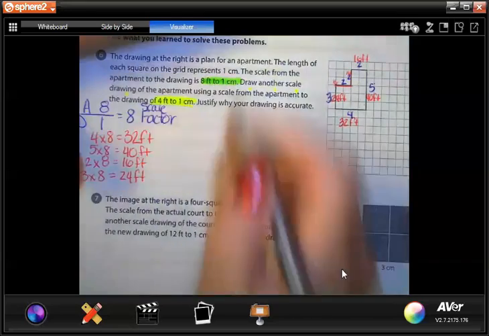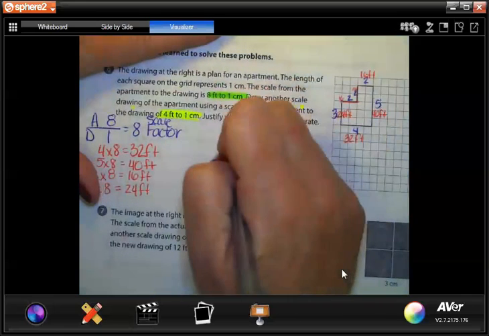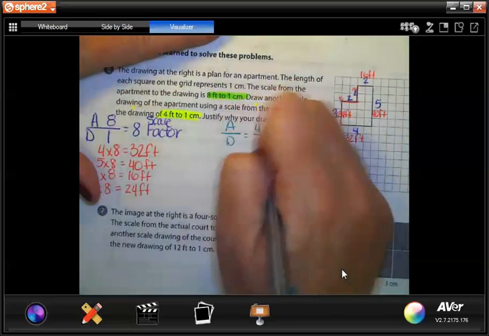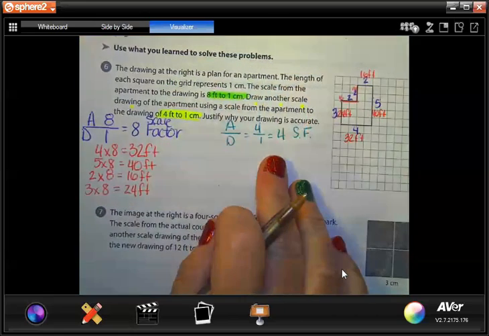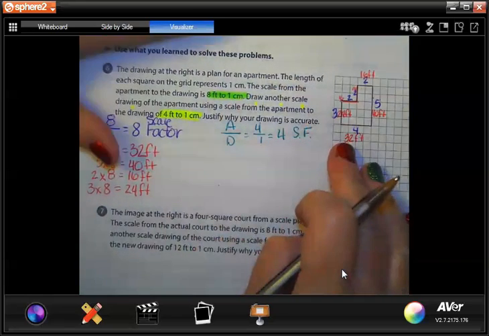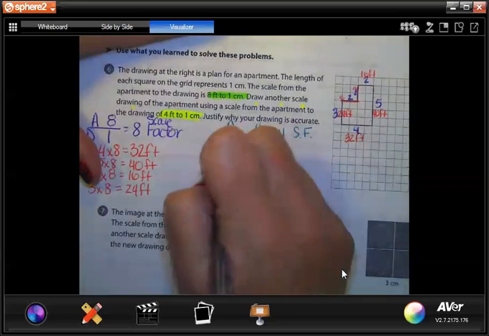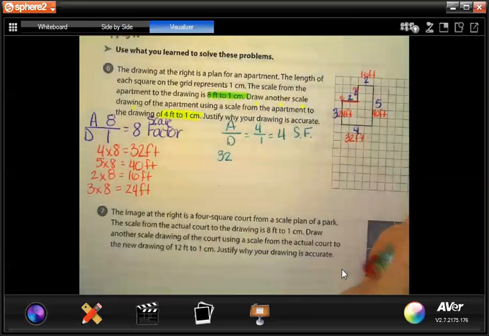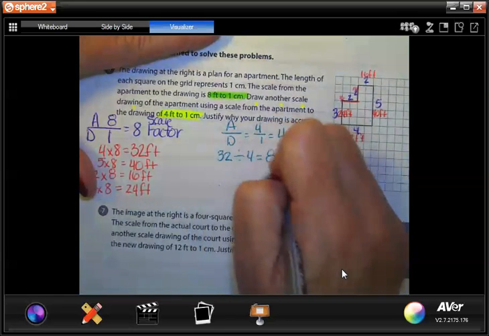Well, right now, actual to drawing would be 4 to 1, which is 4. So our new scale factor is 4. Well, we know the actual measurement of this is 32. So to get the new drawing, we're going to divide it by the scale factor. So that becomes 8 centimeters.